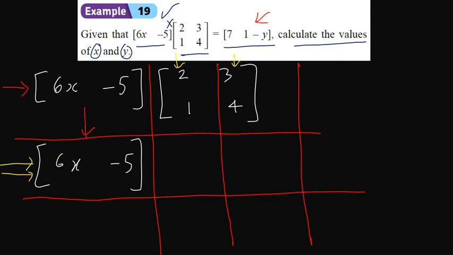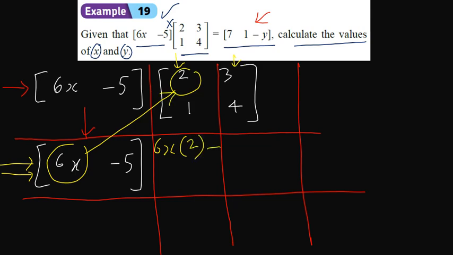Okay, we start with the first row first. 6x times this one, times 2, and then we have to plus negative 5 times 1.